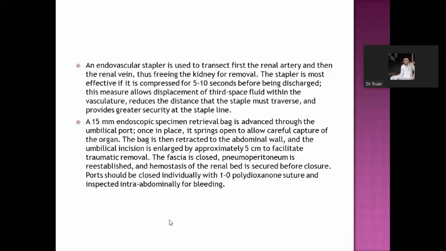The fascia is closed, pneumoperitoneum is re-established, and hemostasis of the renal bed is secured before the closure. Ports should be closed individually with the 1-0 polydioxanone suture and inspected intra-abdominally for bleeding.